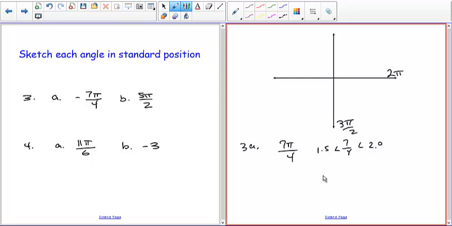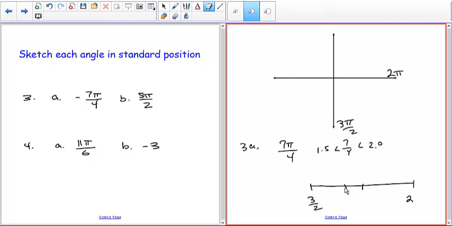So where in the range from 3/2 to 2 is 7/4? You can break it into thirds.